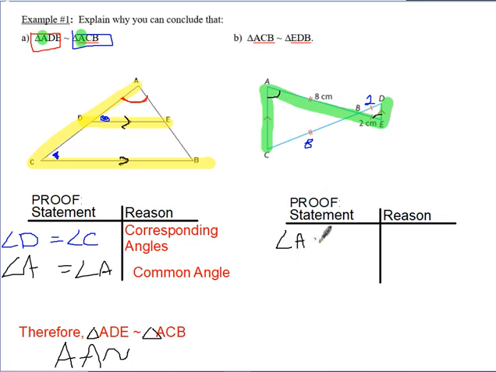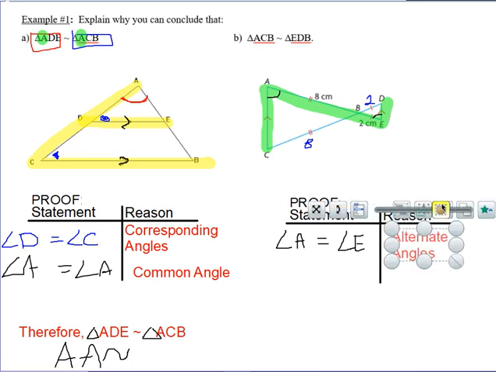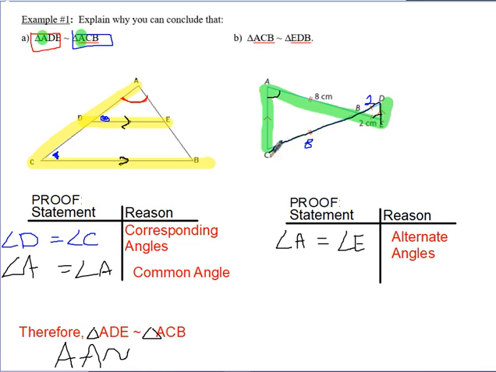Angle A is equal to angle E. And the reason for that would be alternate angles. It's the Z pattern. Now, again, yes, we could surely go ahead and do the Z pattern for the other side and say angle D is equal to angle C because of the Z pattern.